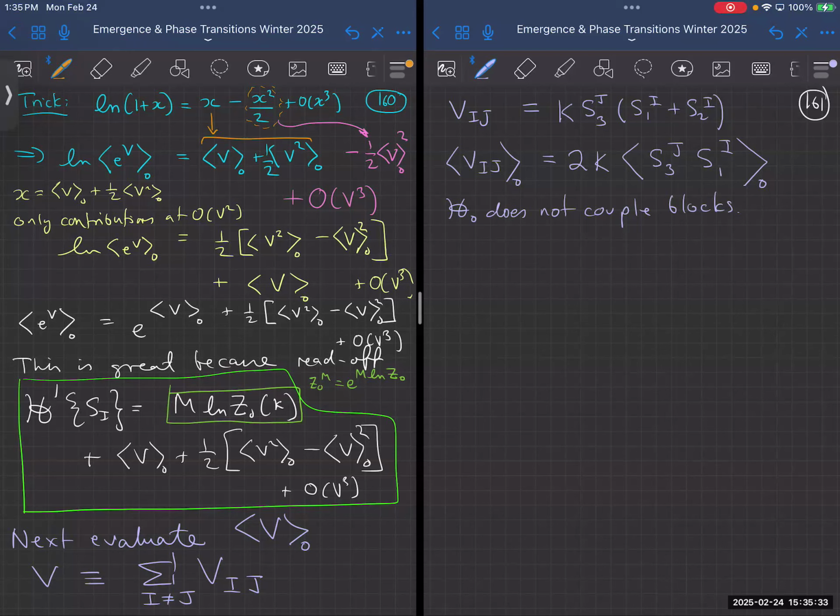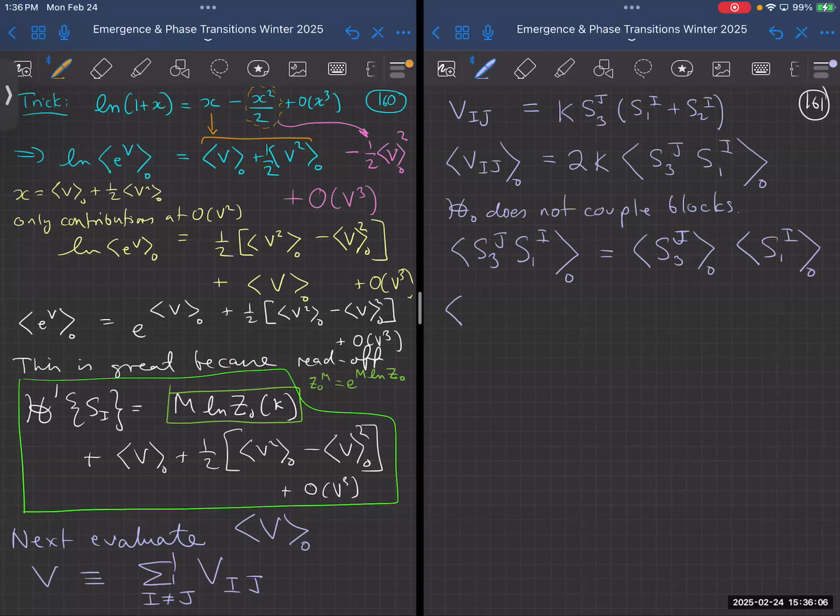So that means that I can write the expectation of S3_J S1_I as equal to the product of the expectation of S3 with respect to Hamiltonian 0 in block J, times the expectation of S1 with respect to Hamiltonian 0 in block I. Okay, so now let's go ahead and do that.